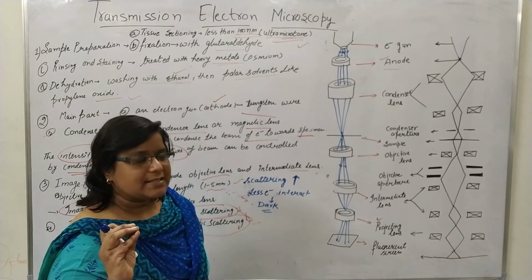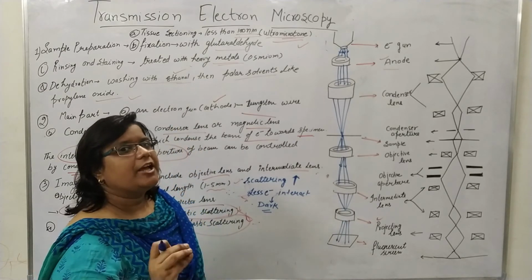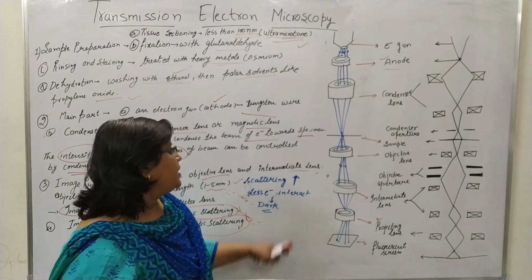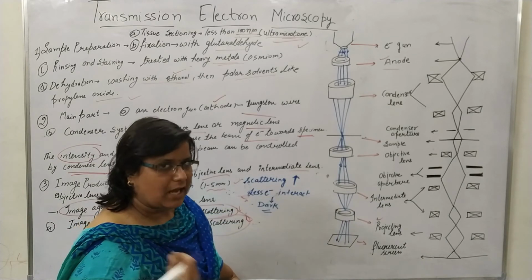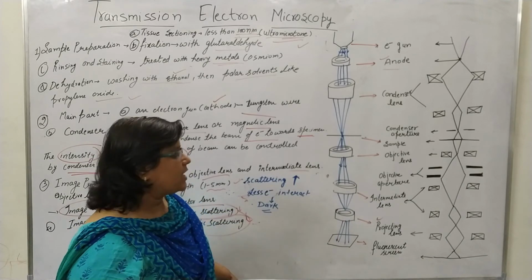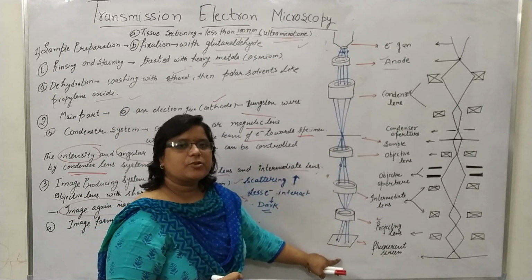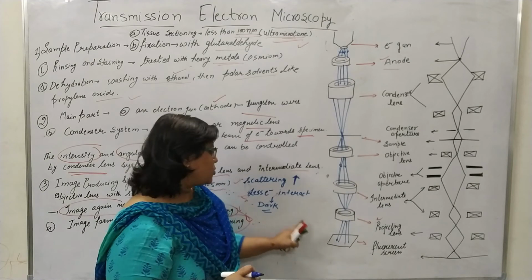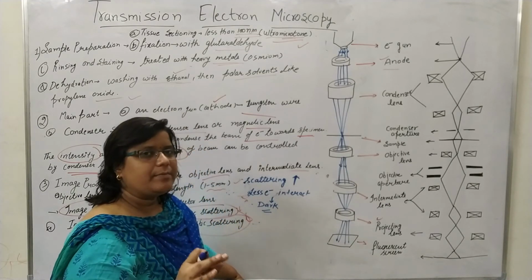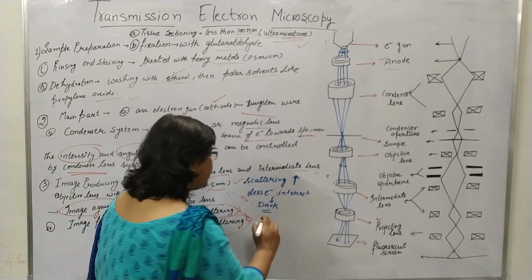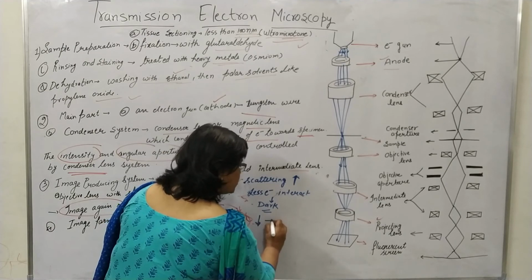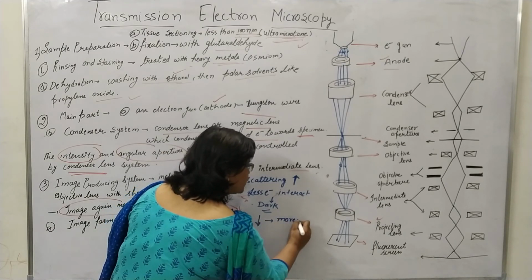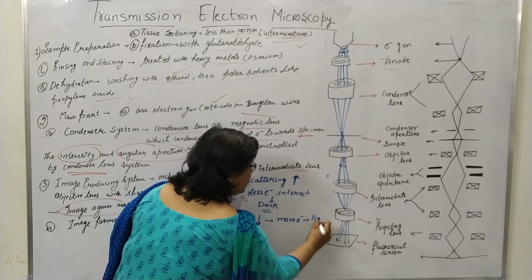So at the sample or specimen, if at a particular point the scattering is high, fewer electrons will approach the fluorescent screen, so the image at that point is dark. And if the scattering is less, more electrons reach and the image will be light.